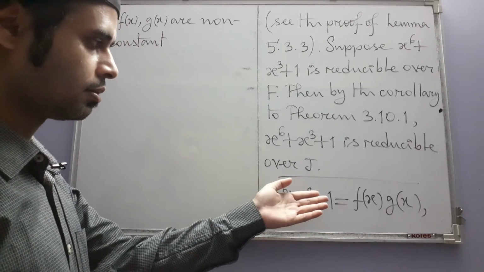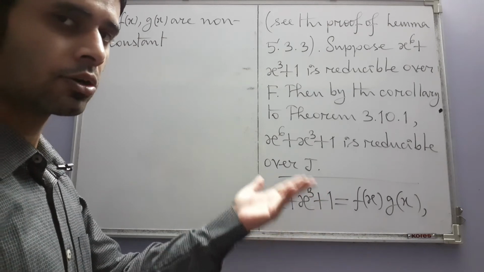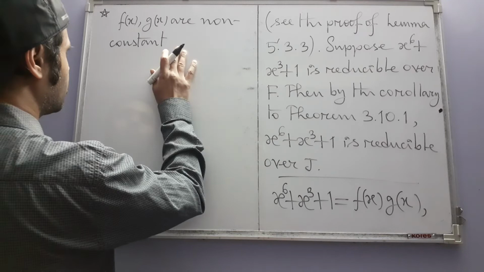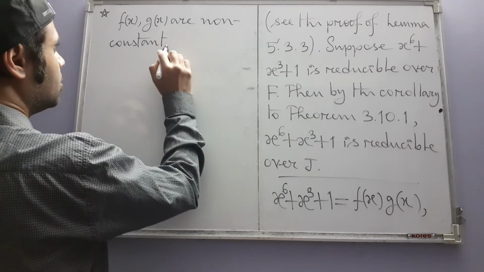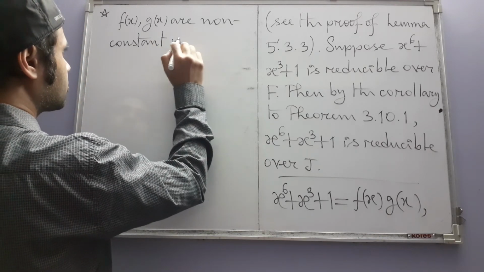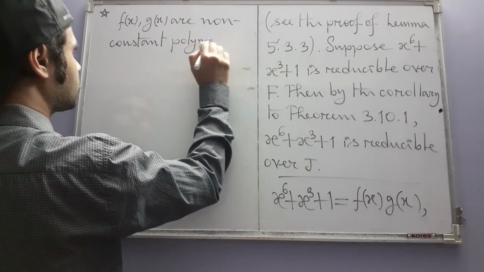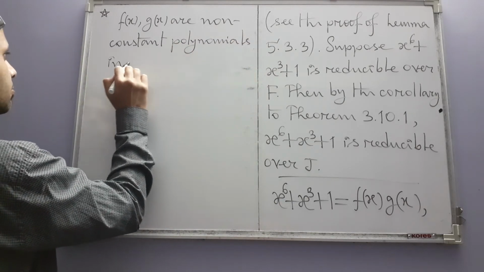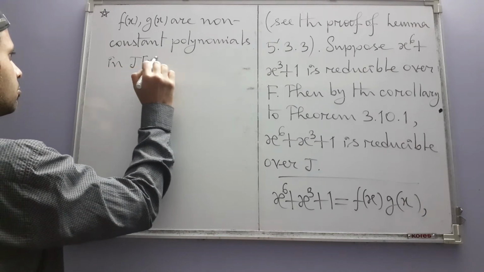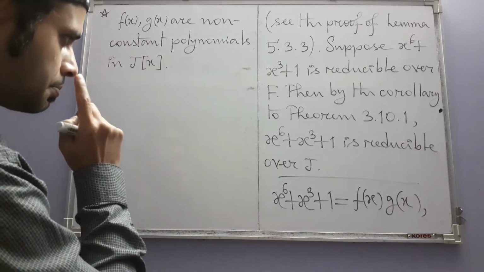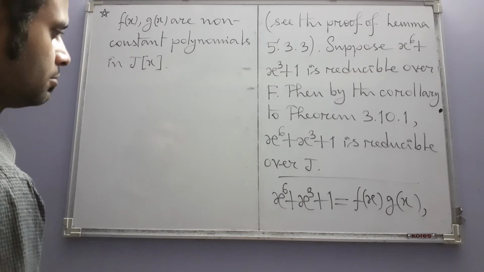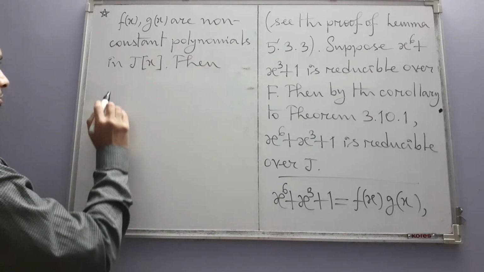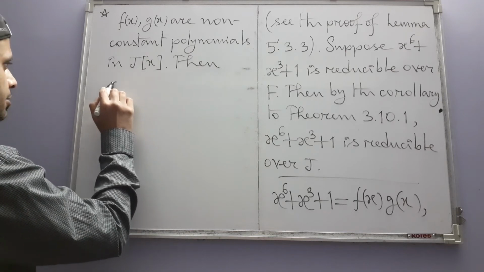Each one of them is either linear or quadratic or has some higher degree, but not constant. Polynomials in Jx. Then what is this?